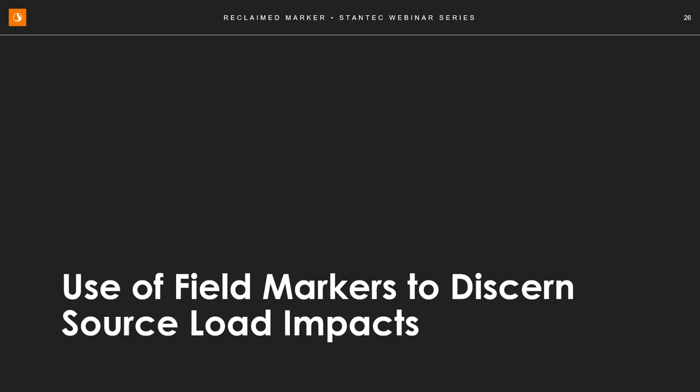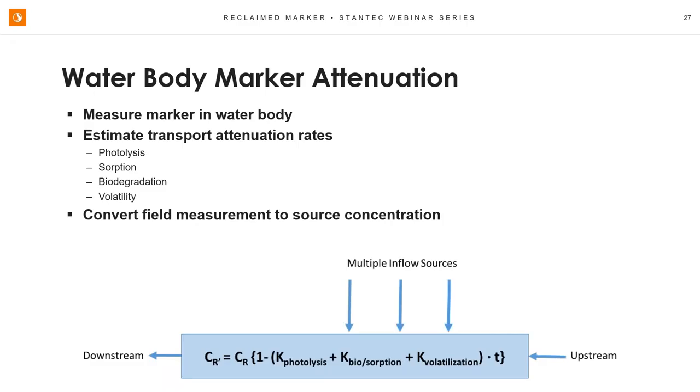So we're trying then to go further with the iohexol as a field marker to discern source load impacts. So this was really a proof of concept study. So we just went about this very conceptually.